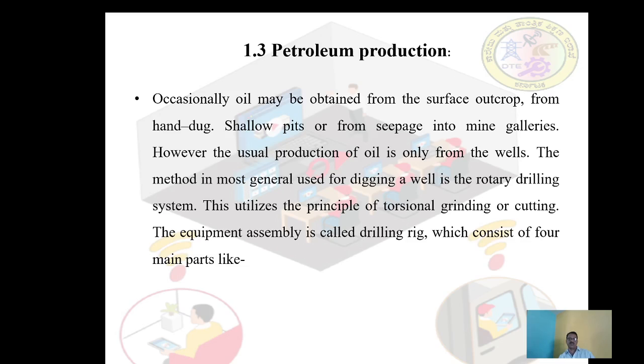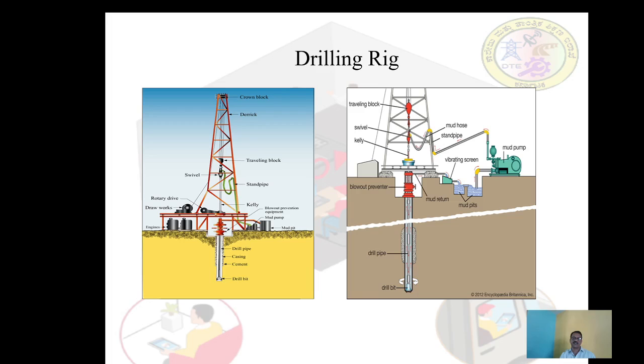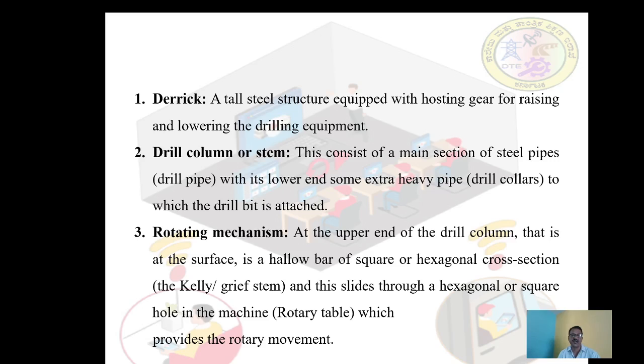The equipment assembly is called the drilling rig, which consists of four main parts. One is the derrick, a tall steel structure equipped with hoisting gear for raising and lowering the drilling equipment.